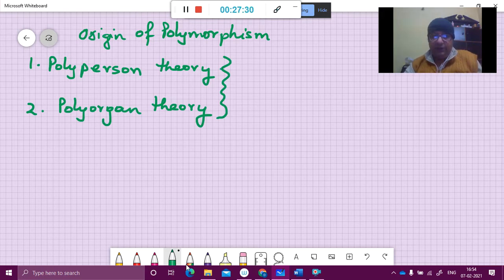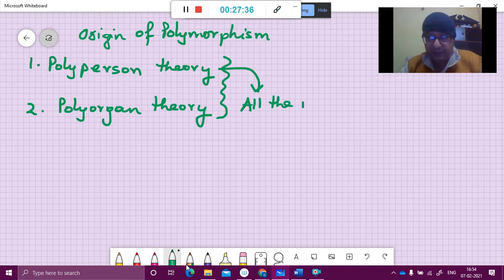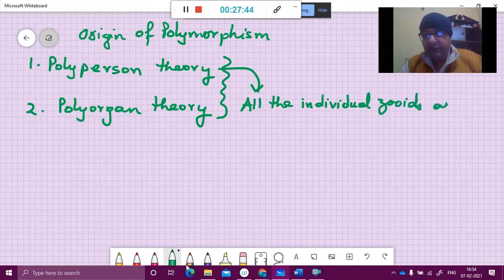So the polyperson theory says that all the individual zooids are individuals living in a colony.